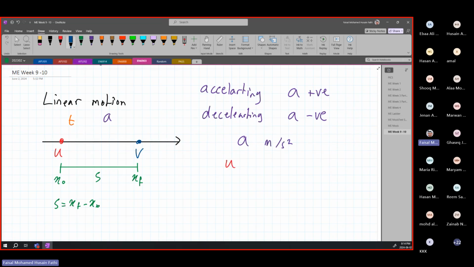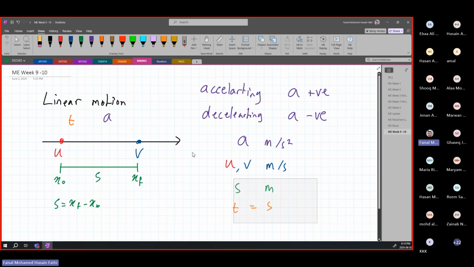For u and for v it was meters per second. For distance it was in meters, so s or the x's is in meters, and then you have your time in seconds. Okay, so this was basically what we did before the midterm for linear motion.